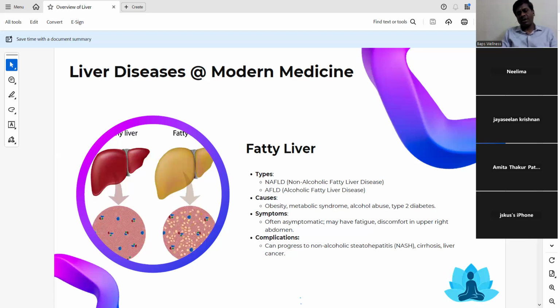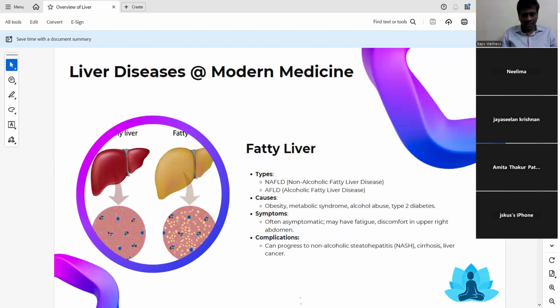And if a patient has high cholesterol and triglycerides, with the lipid profile not proper, they are also likely to have non-alcoholic fatty liver. Then obese patients, then PCOD, PCOS conditions. PCOD interferes in the insulin resistance mechanism.